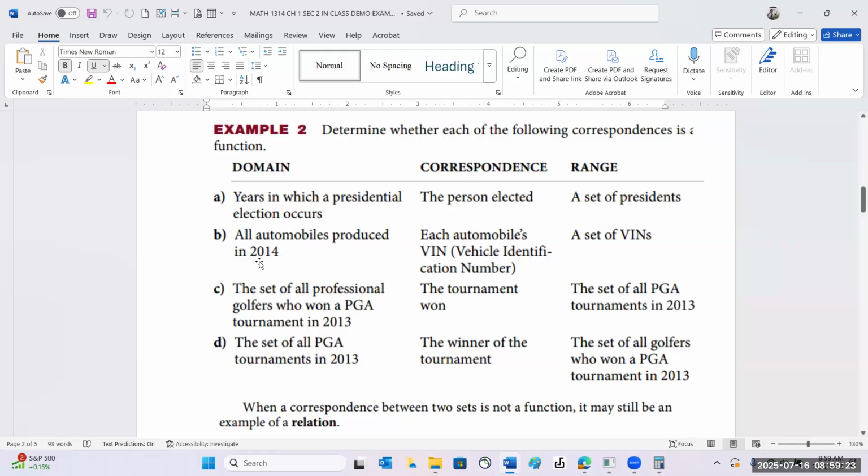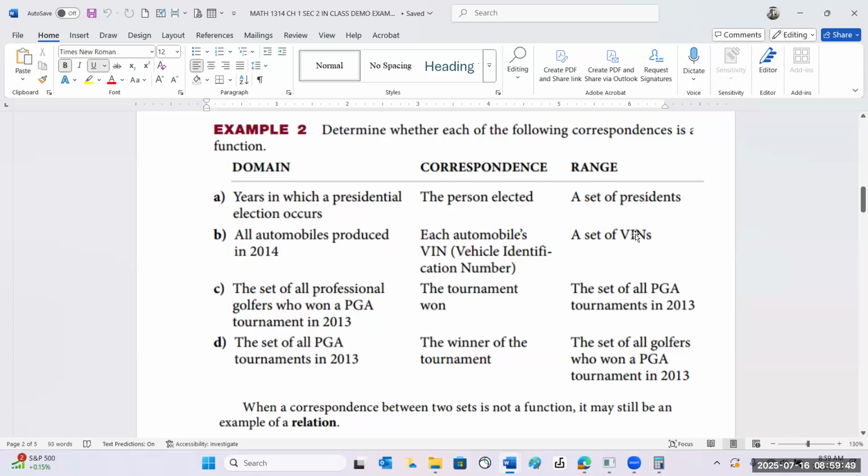All automobiles produced in 2014. Each automobile, VIN number, a set of VIN numbers. Is that a one-to-one correspondence? So these are all the automobiles, the set of VIN numbers.